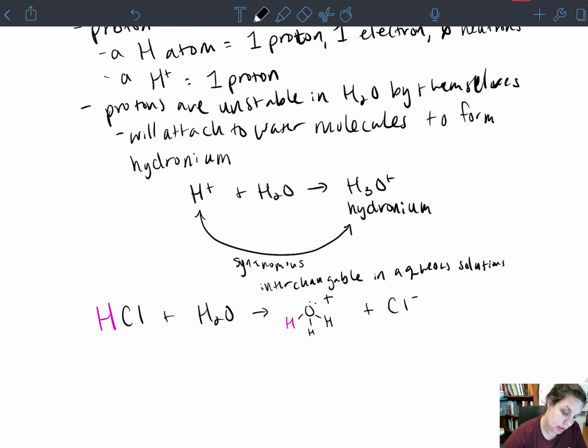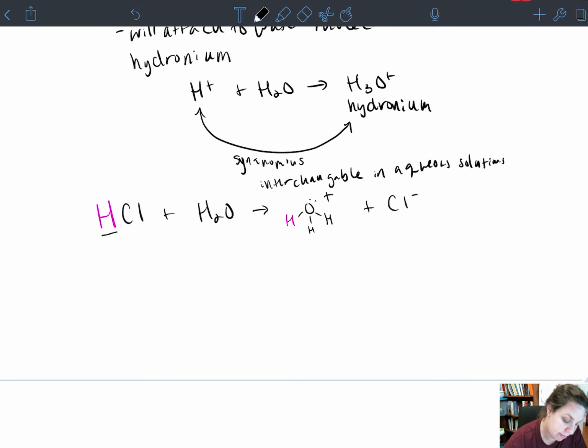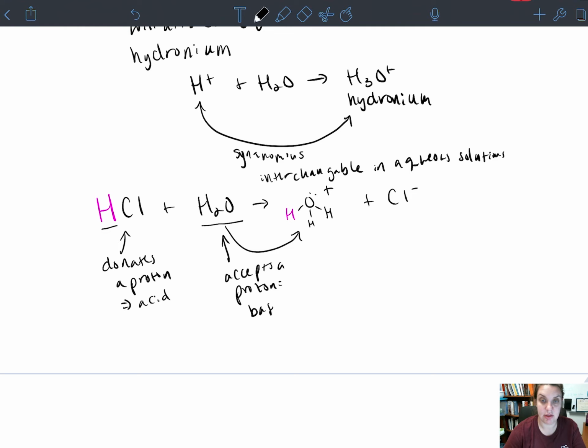So this hydrogen is donated from hydrochloric acid and accepted by the water to produce hydronium. So this donates a proton. So this is our acid. This accepts a proton. So this is our base.